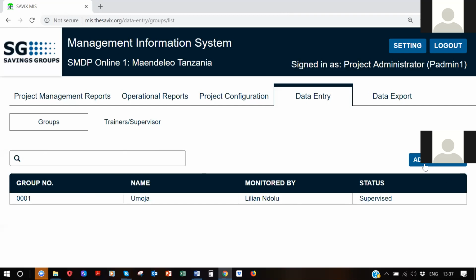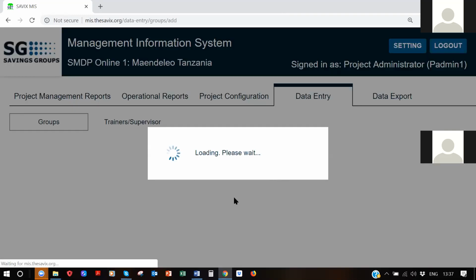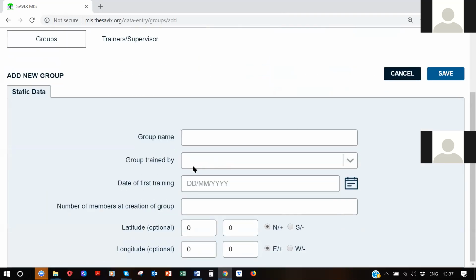Okay, now I'm going to add a new group. Now this group is called Chapakazi. Can anybody tell me who trained Chapakazi? Is anybody looking at the sheet I sent to you this morning? Julia Majara. Bravo, Ngoza.